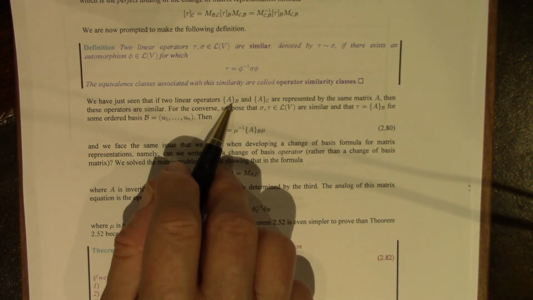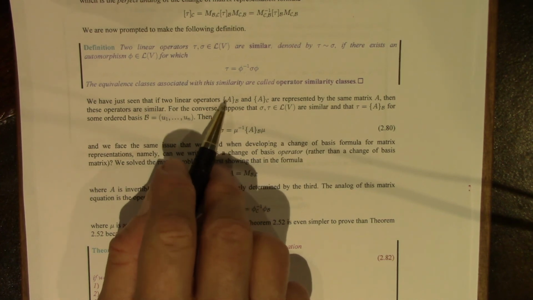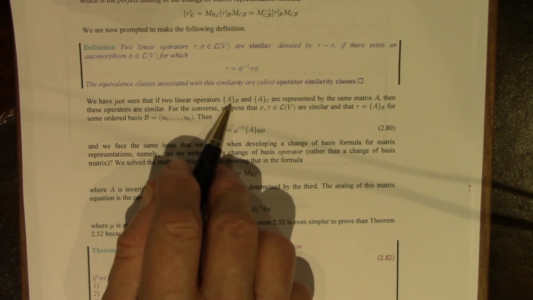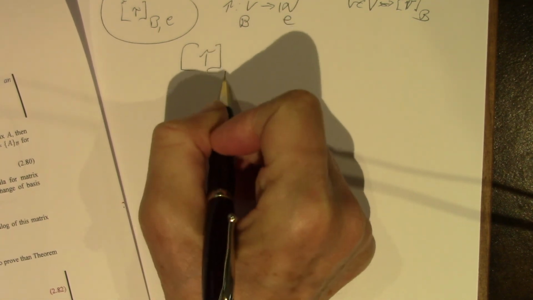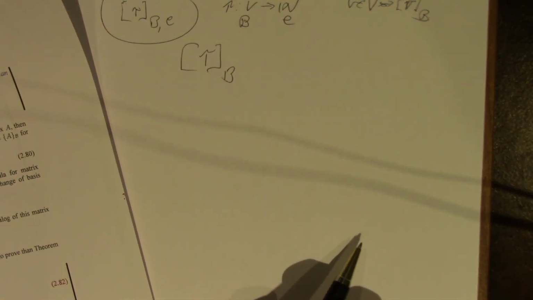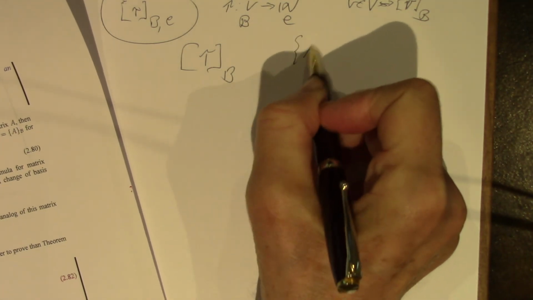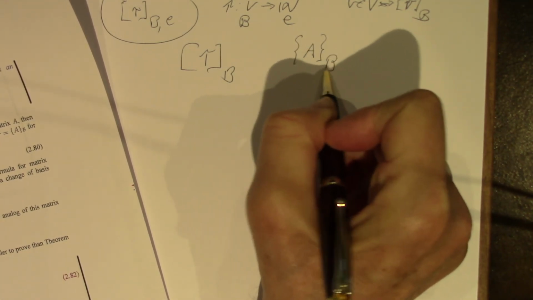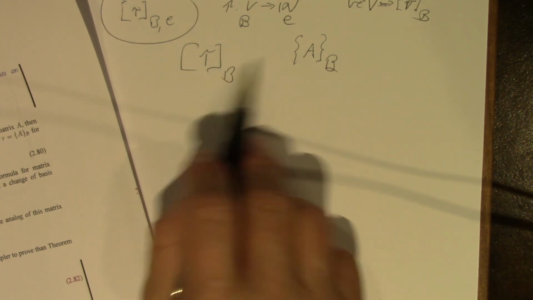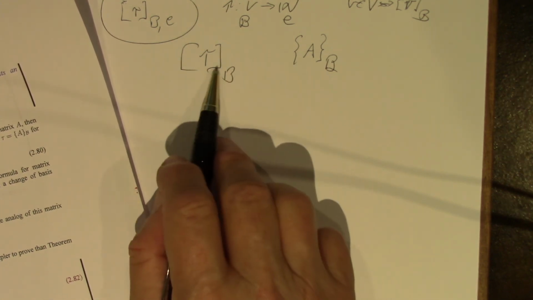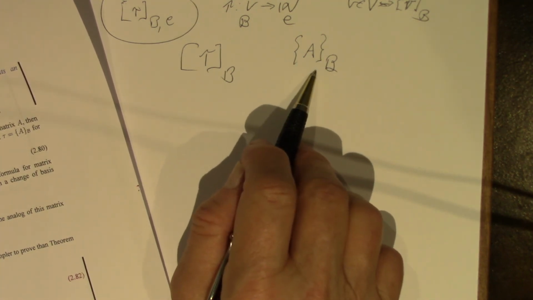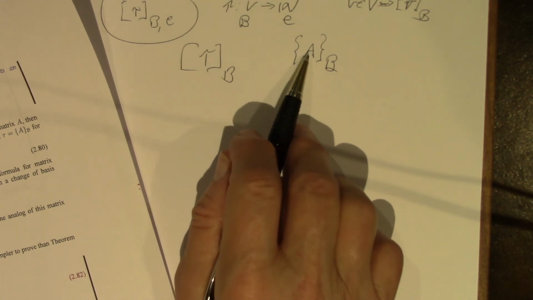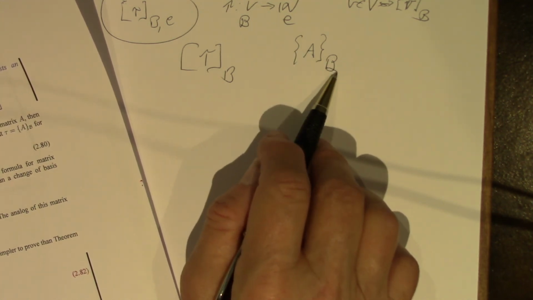I've settled on this one, which I'm still not crazy about, but it looks a lot like the notation for a representation of an operator. What I chose for a matrix for the opposite is very similar notation, but I used braces so there'd be no confusion. So this is the linear operator represented by the matrix A under this ordered basis.